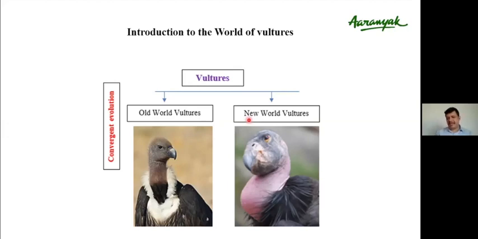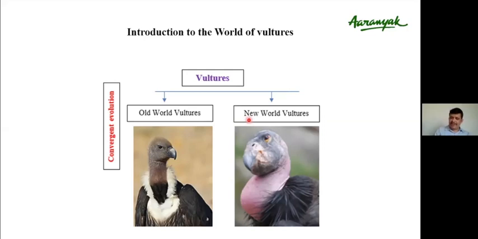It has been proved that they have a set of very highly specialized acids in their stomach, which can digest even anthrax, cholera bacteria, and rabies. That's why vultures are very important. They clean our environment of pathogens.